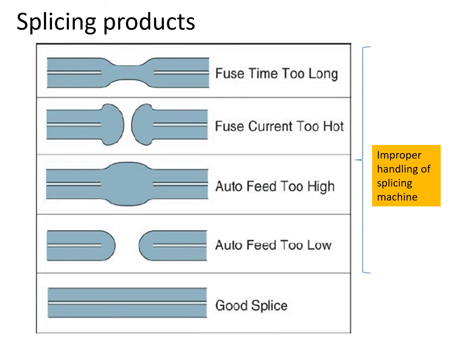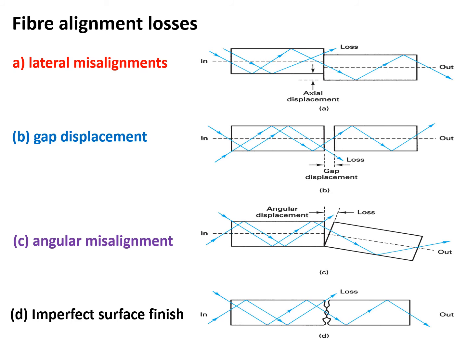This figure shows several splicing products. The first 4 products are mainly due to the improper handling of the splicing machine. Fiber alignment impairments are caused by lateral misalignment, gap displacement, angular misalignment, and imperfect surface finish.